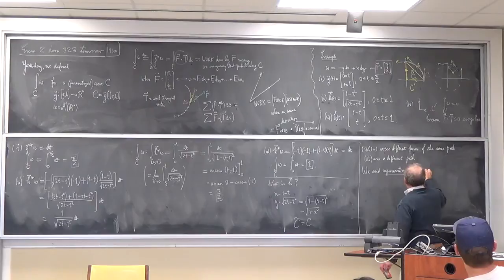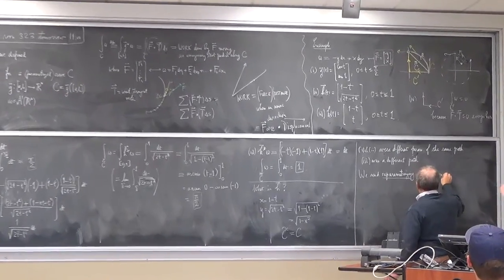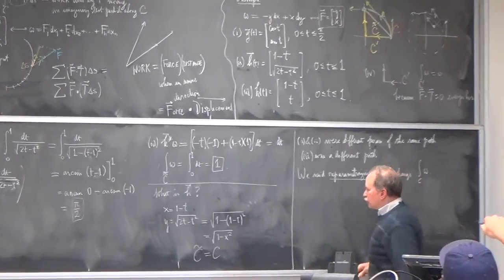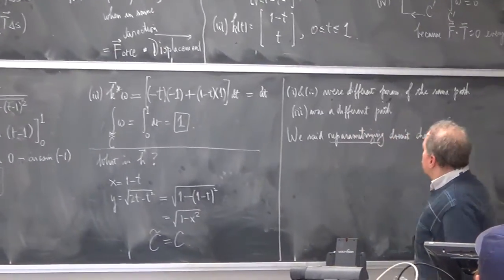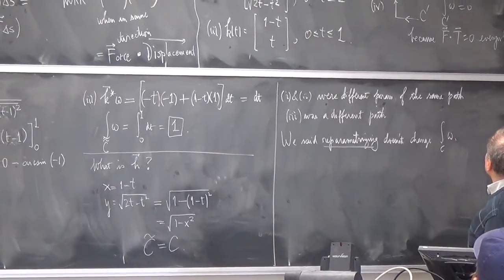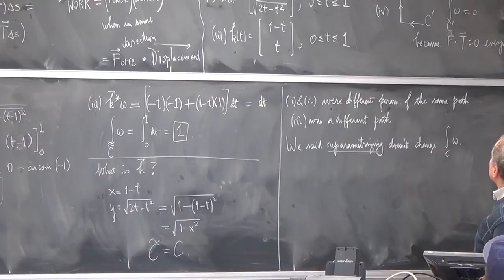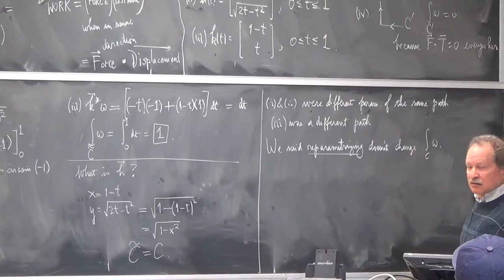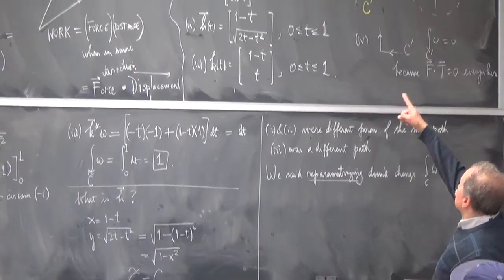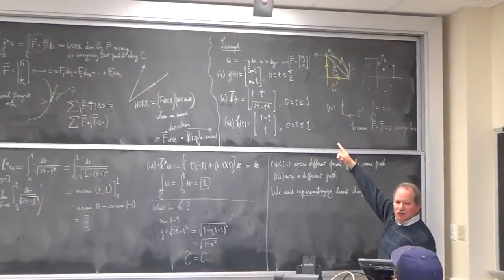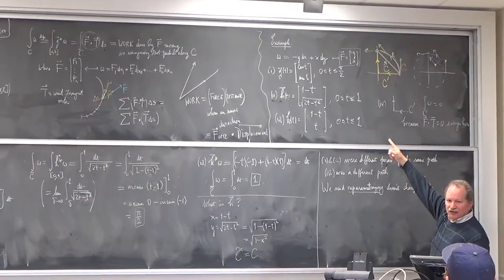Go ahead. So I'm confused about C and C tilde. Why is f dot t equal 0? So they're orthogonal. So is the force always pointing up and to the side? Yes, because of the formula. So if you're on the x-axis, where y is 0, f is vertical.